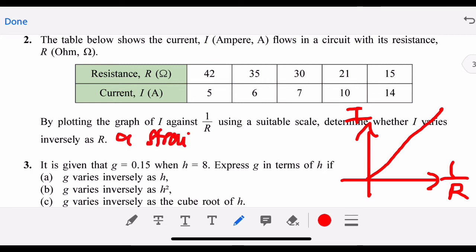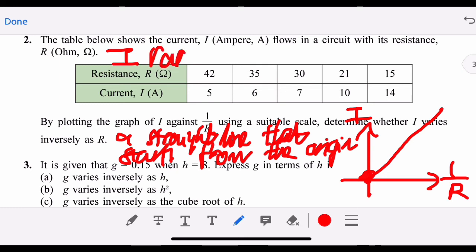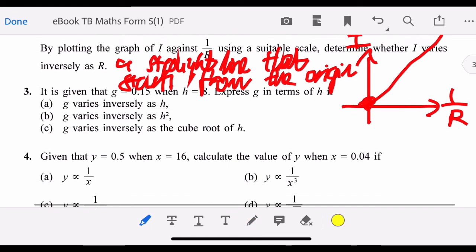If you have a straight line that starts from the origin, that means we can say that I varies inversely as R, based on the graph.